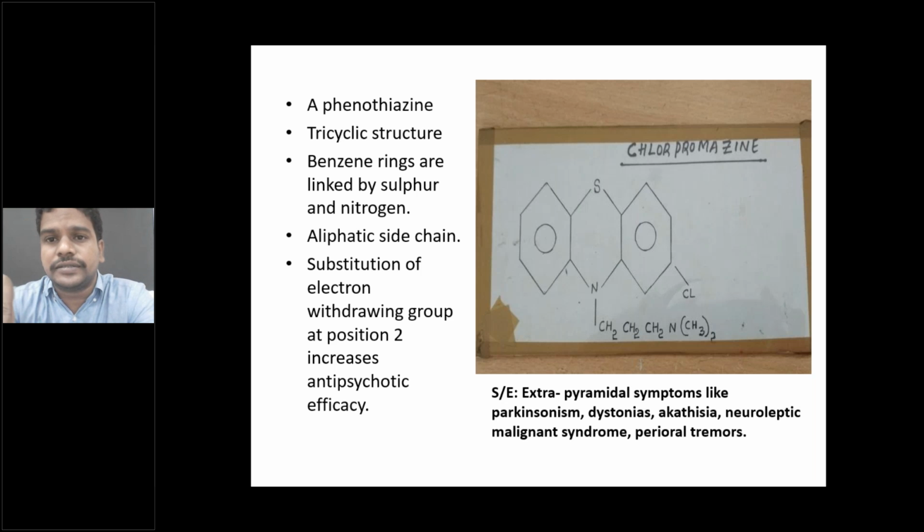All of you copy this one. Chlorpromazine side effects are extrapyramidal symptoms like Parkinsonism, dystonias, akathisia, neuroleptic malignant syndrome, perioral tremors.